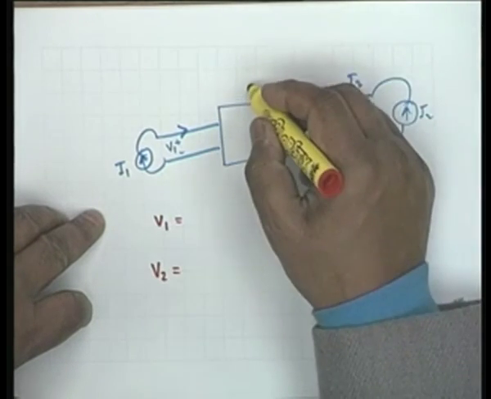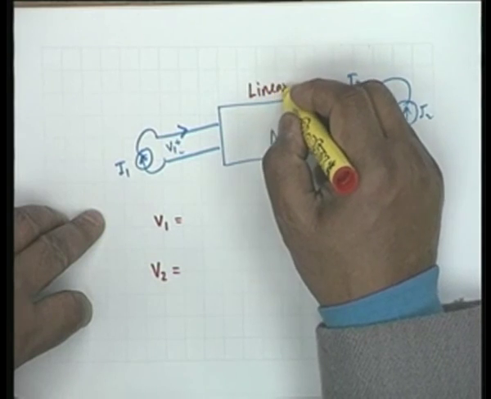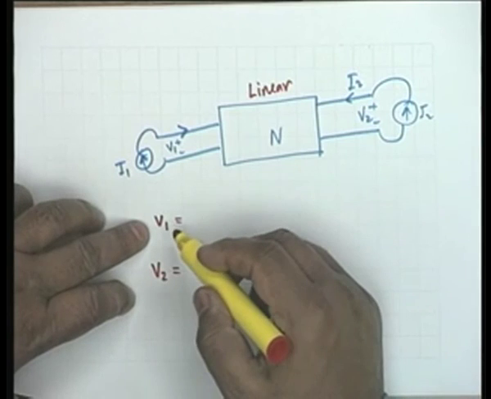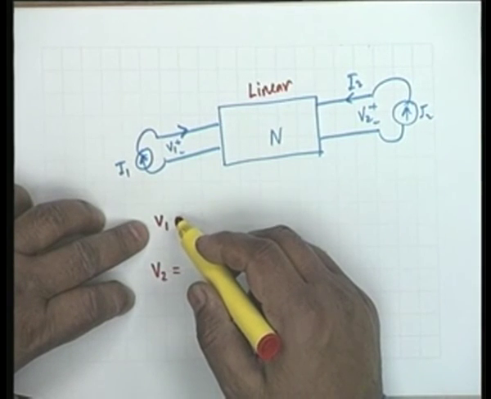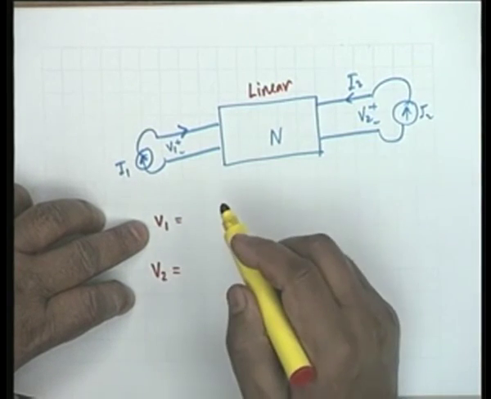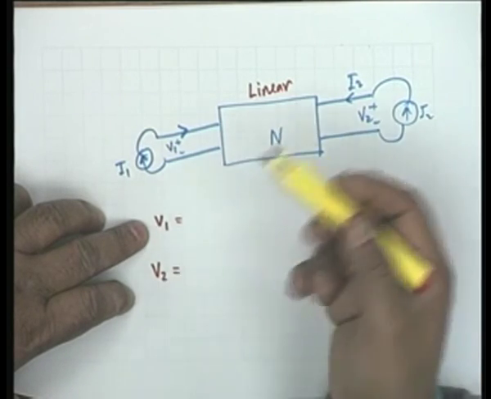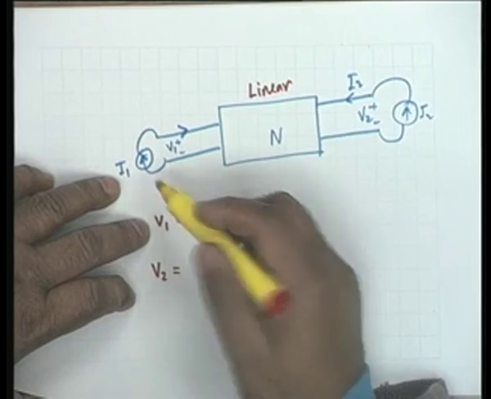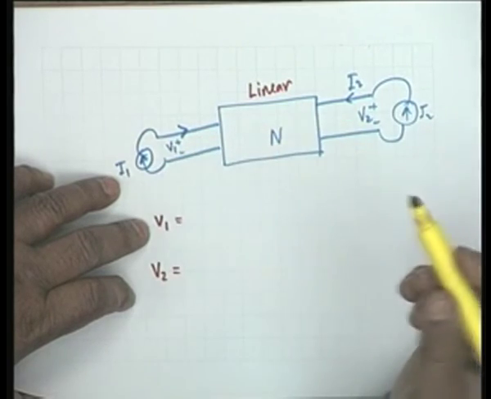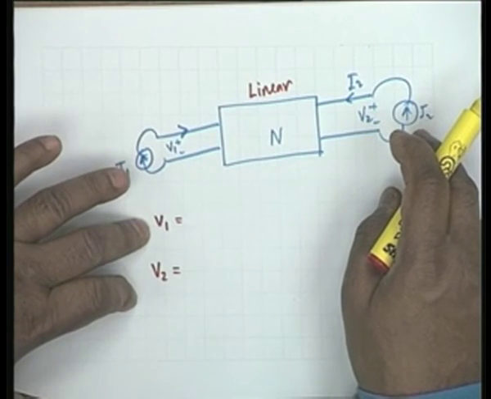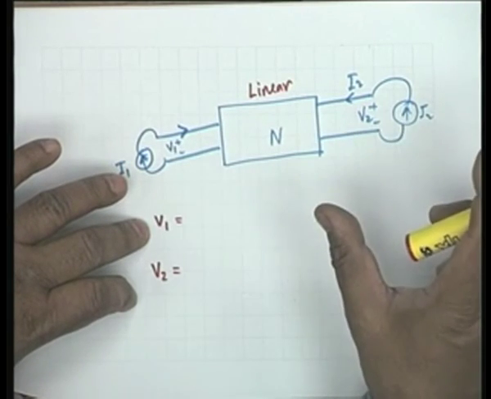And because we are considering a network which is linear, the voltage V1 shall be obtained by superposition, that is superposition of the effects due to two sources. First take I1, disconnect I2, find V1, then take I2, disconnect I1, find V1 and add the two.